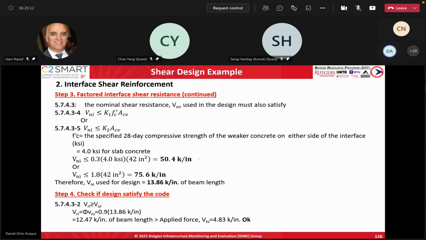So we can see from the calculations that the Vni in the design is 13.86. And if we calculate the total shear resistance, where 0.9 is the shear resistance factor for prestressed concrete, we see that it is okay, and all assumptions are correct.